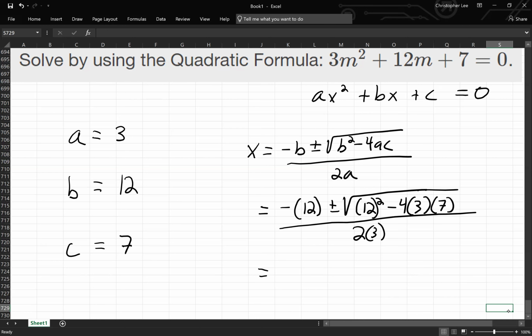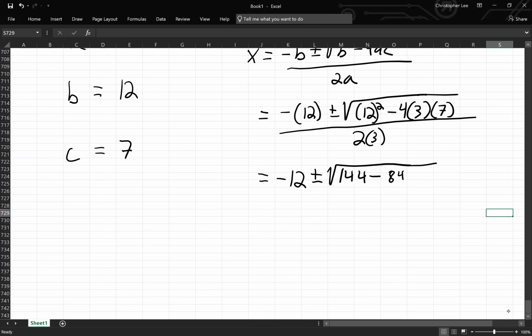Let's do the math on this. This is going to become negative 12 plus or minus the square root of 144 minus 84, I think. 21 would be 42, so 84. Yep, that's good. And then divided by 6.